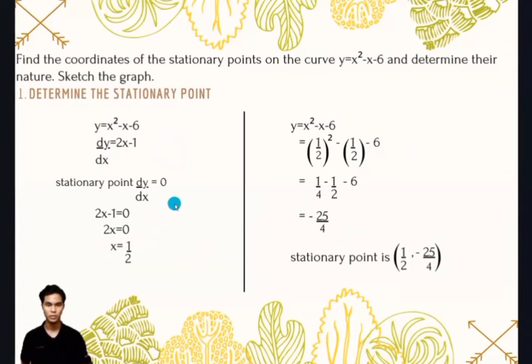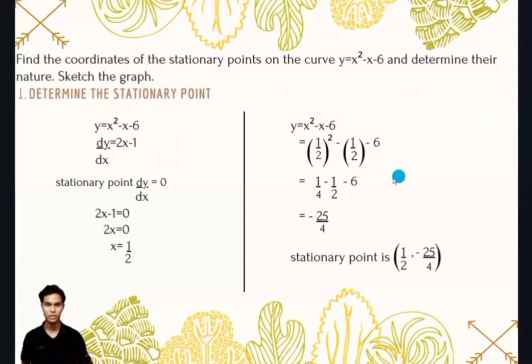Then for the stationary point, dy over dx is 0. So 2x minus 1 equals 0. Then 2x equals 1. Lastly, x equals 1 over 2. Then we will substitute the x into y equals x squared minus x minus 6.